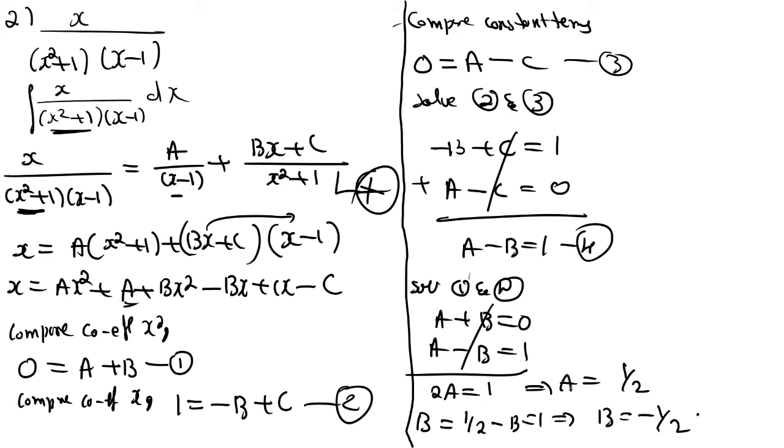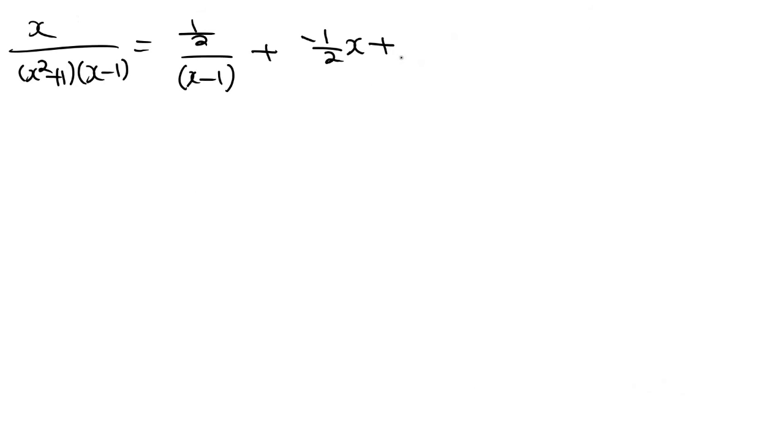To calculate the c value, substitute in equation 3. Substituting in equation 3, we get a, that is 1 by 2 minus c equal to 0. The c value is again equal to 1 by 2. So plus 1 by 2 divided by x square plus 1. It's equation star.